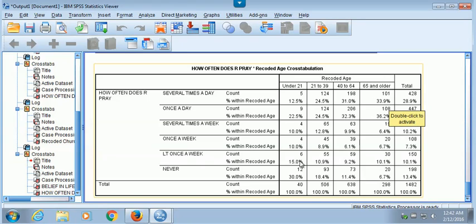So you could argue that age does have a relationship with how often one prays: older people more often pray at least once a day, while younger people more often pray once a week, less than once a week, or not at all.